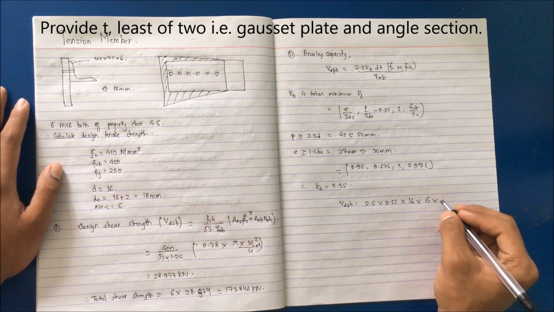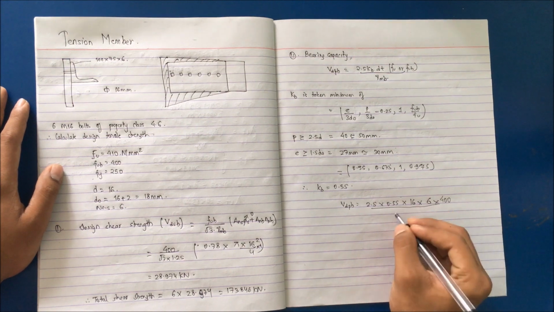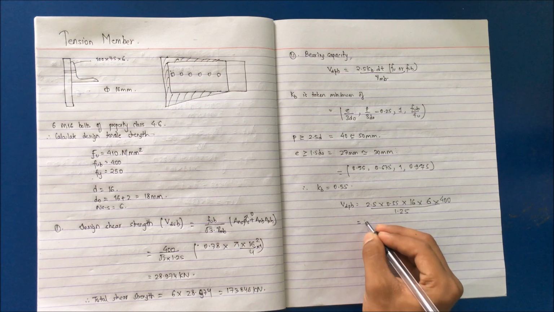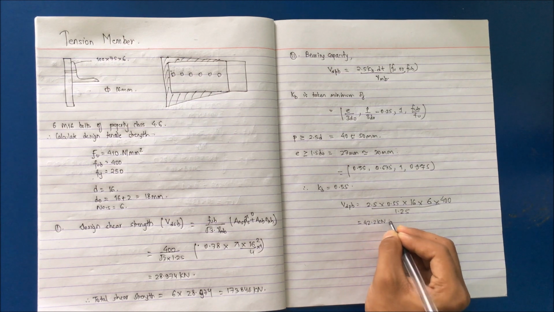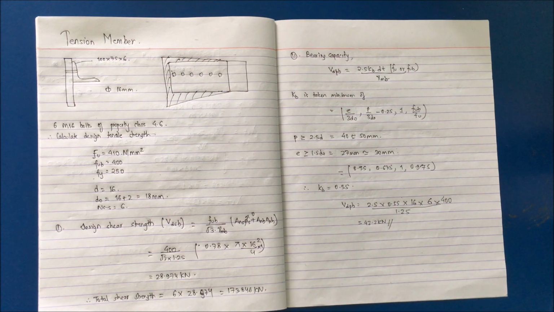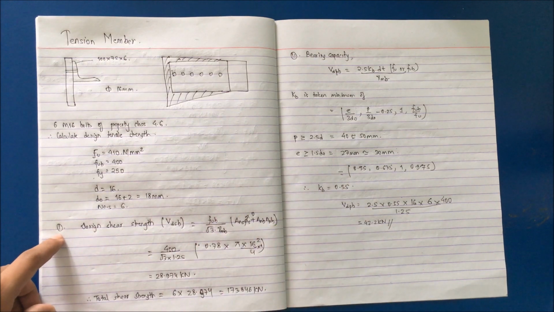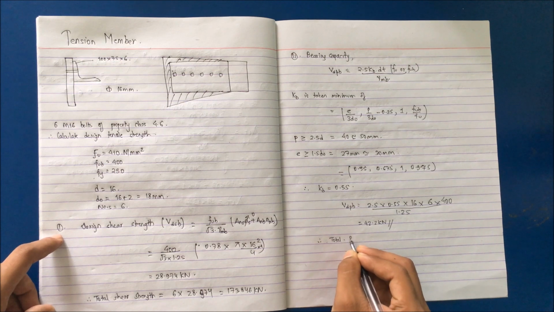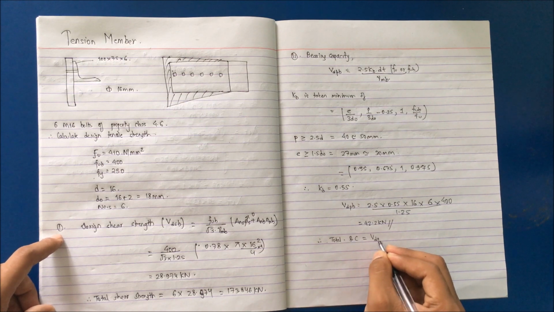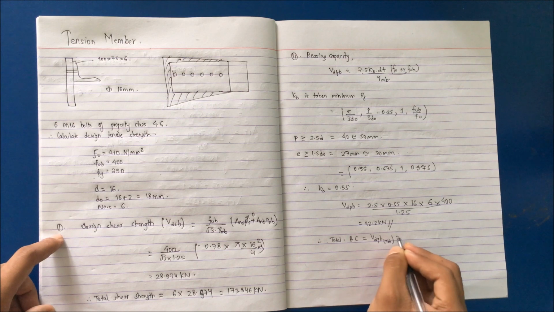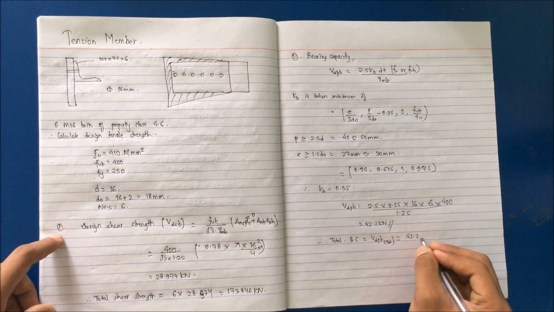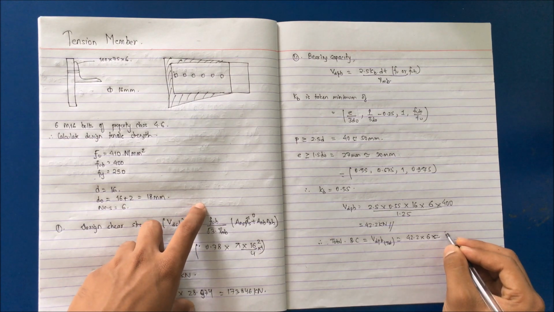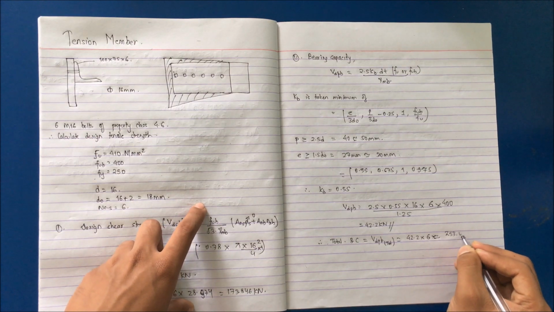In this case fub is minimum, so 400 by 1.25. Okay, now this value comes as 42.2 kilonewton, and we know minimum of these two will be the bolt value. So before that, total bearing capacity, that is Vdpb total, is equal to 42.2 multiplied by number of bolts, so it will be equal to 253.4 kilonewton.